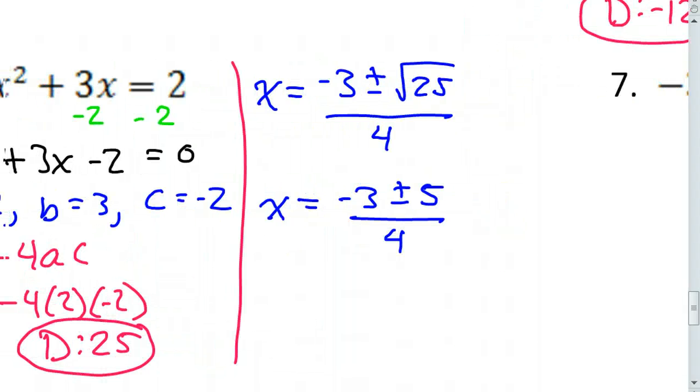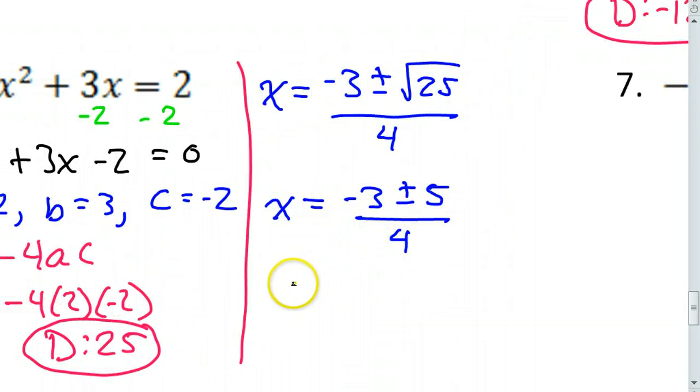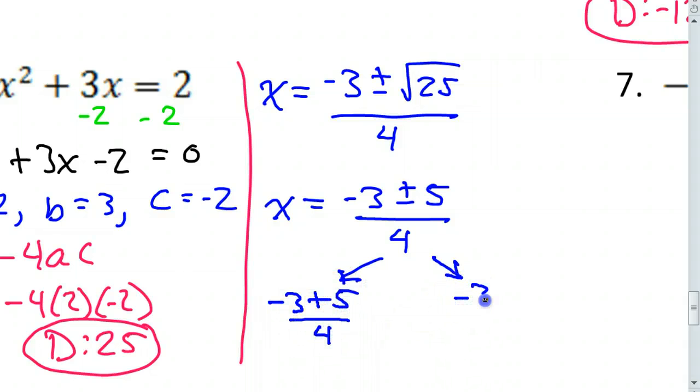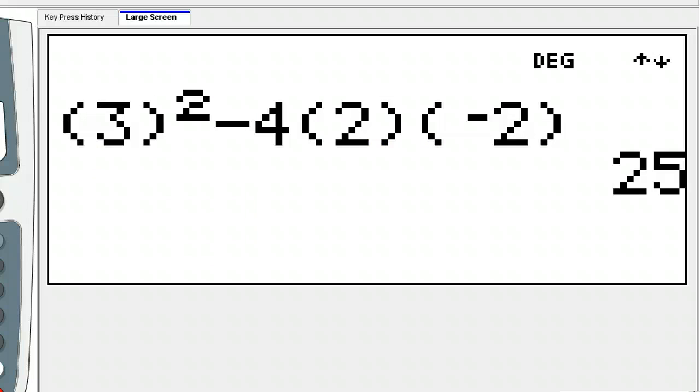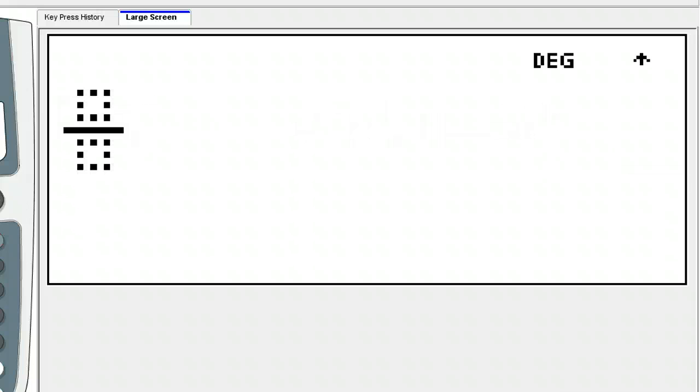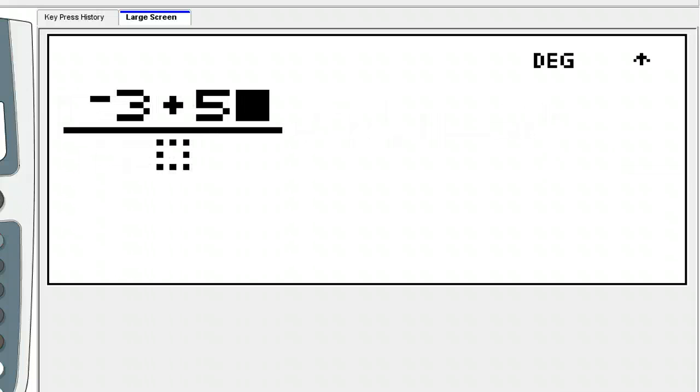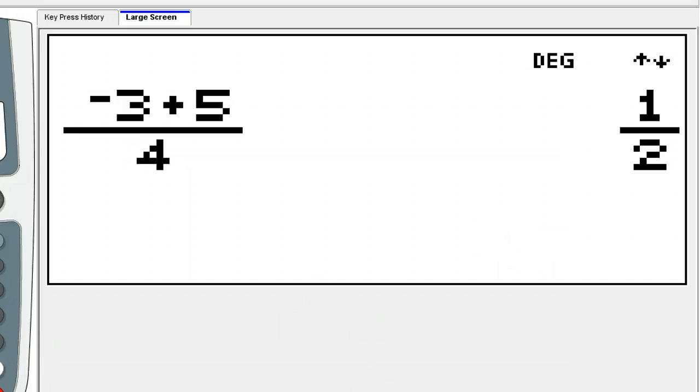Okay, so this is going to split up as two separate things. So this is negative 3 plus 5 over 4 and negative 3 minus 5 over 4. That's your plus or minus. Okay, fraction mode, negative 3 plus 5 over 4, that's 1/2.